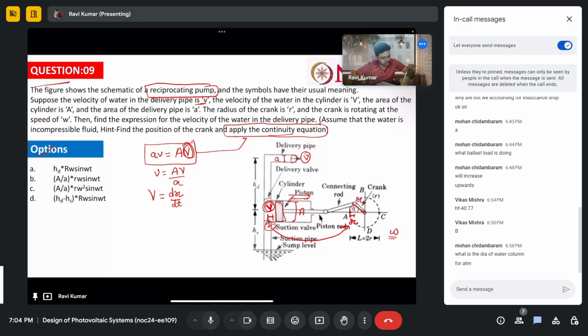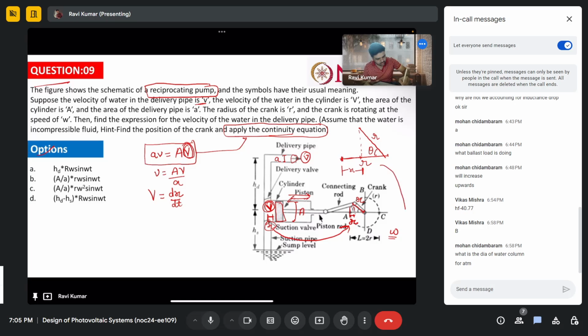And if we just use trigonometry, I'm just plotting here, let's say this is our R, this is the position of crank, and I am taking this as x, and this is our theta, and this is our R as well. So this x will be how much?